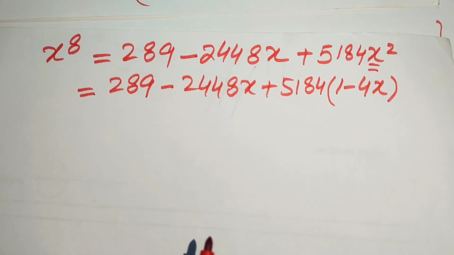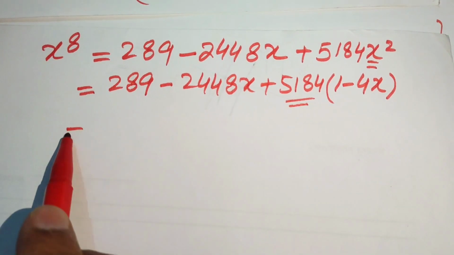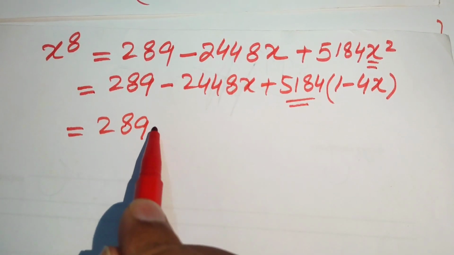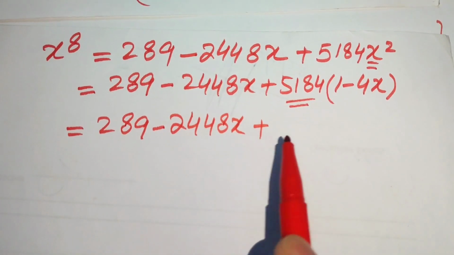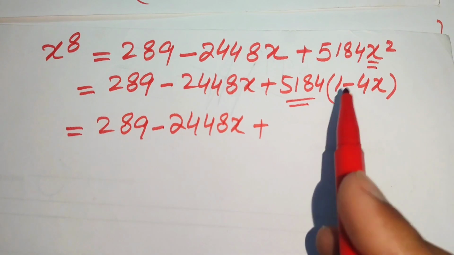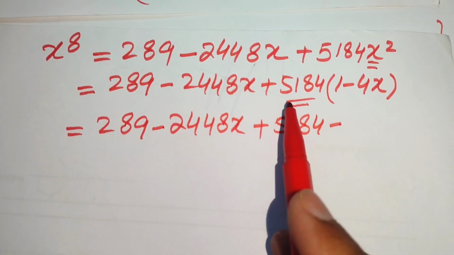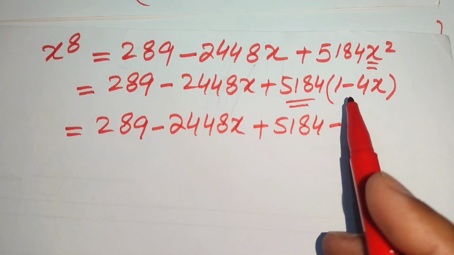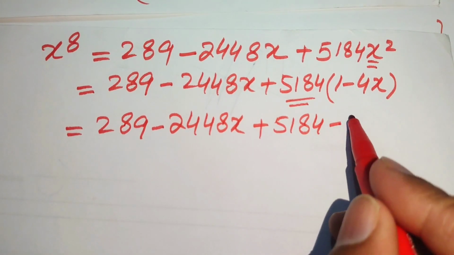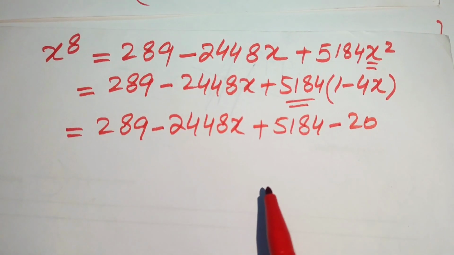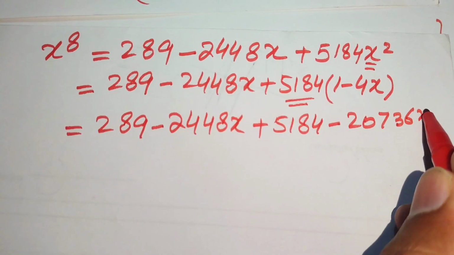So now here we need more simplification, and now we just write this value on both of these terms, and it will be written as 289 minus 2448 into x plus, here when we multiply 5184 by 1, then you get here 5184, and when we multiply 5184 by 4, then you will just get here 20736 into x.